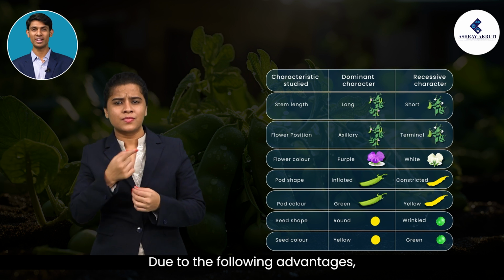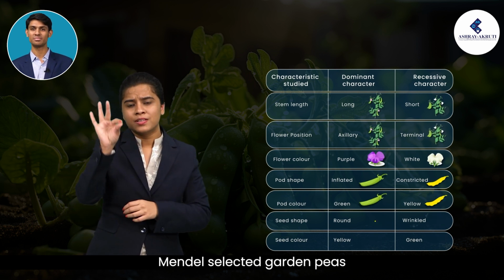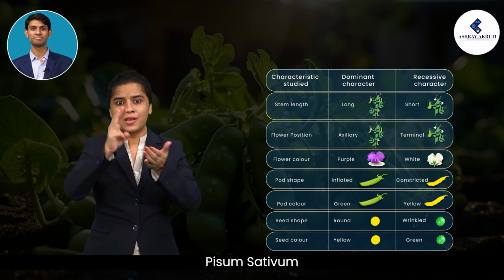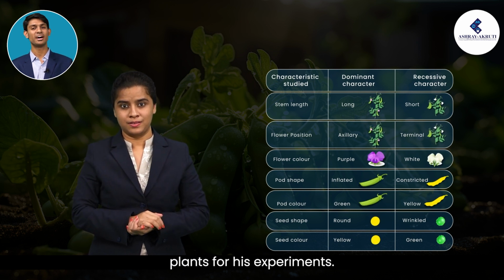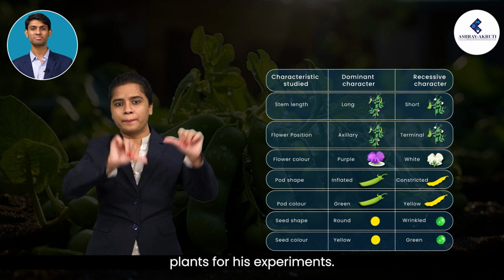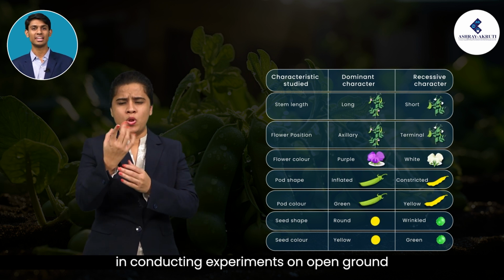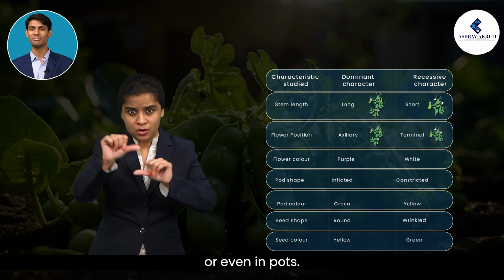Due to the following advantages, Mendel selected garden peas, Pisum sativum, plants for his experiments. They can be grown easily in conducting experiments on open ground or even in pots.